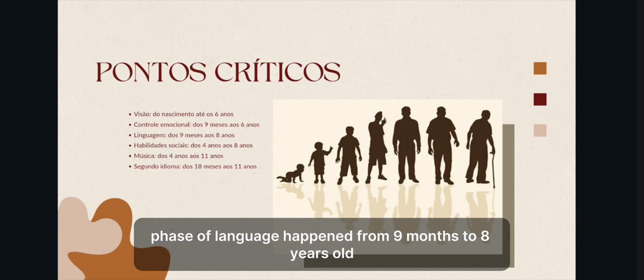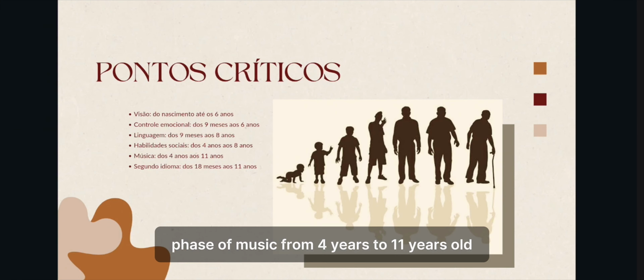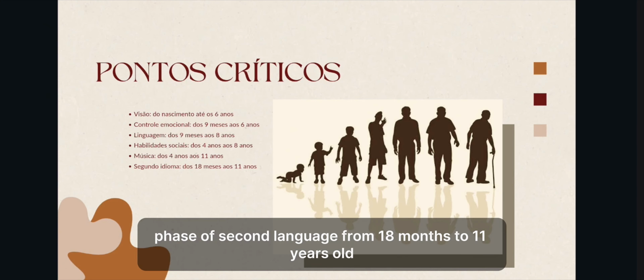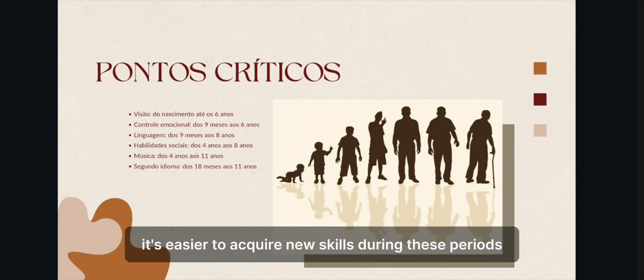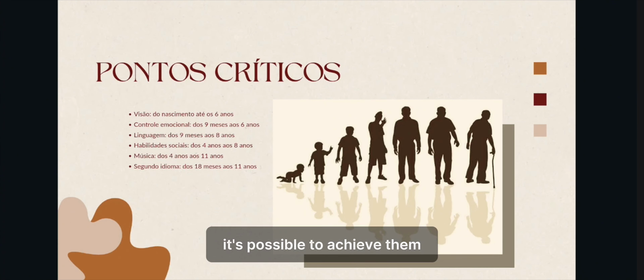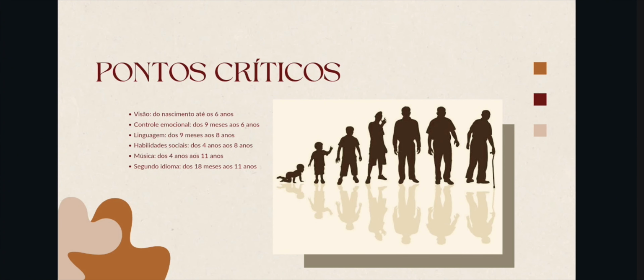Phase of language, from 9 months to 8 years old. Phase of music, from 4 to 11 years old. Phase of second language, from 18 months to 11 years old. Although it's easier to acquire new skills during these periods, it's possible to achieve them through effort at other times in life.